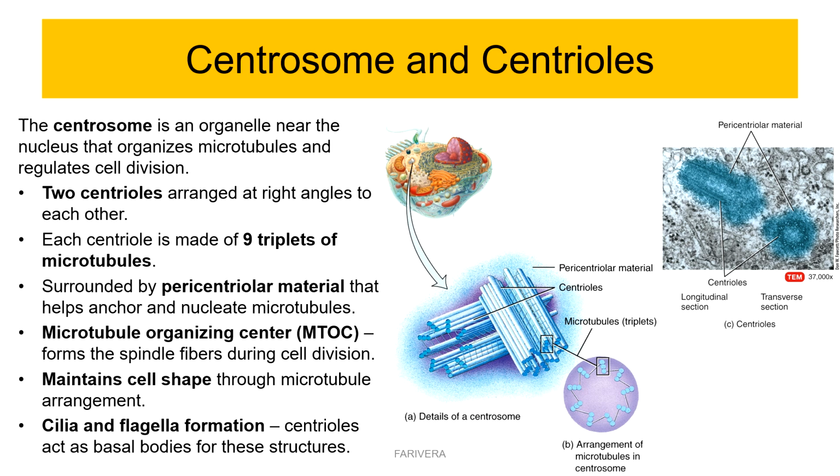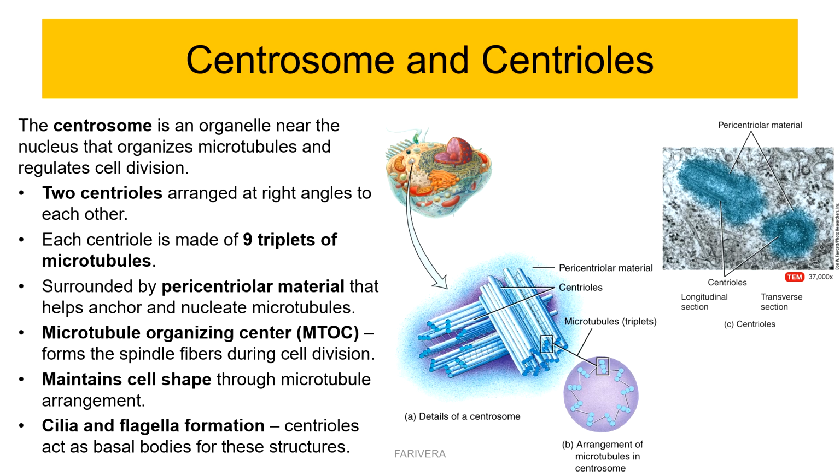Okay, so the centrosome is located near the nucleus and serves as an important microtubule organizing center. It contains two centrioles arranged approximately at right angles. Each centriole contains organized microtubules. One major function of the centrosome is organizing the spindle fibers during cell division.